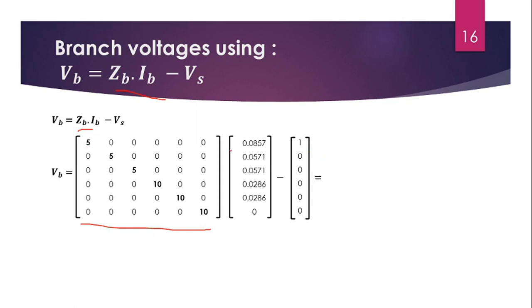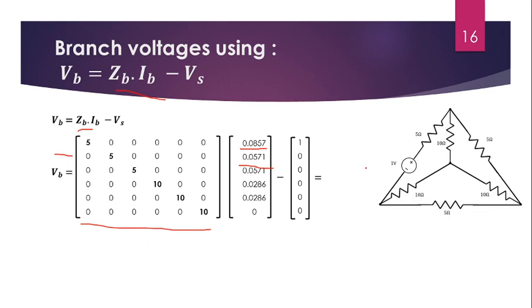Okay, so 5 into this one, all elements are 0, so we are getting this voltage, second row first column, second row this column. So we find that 5 into 0.057 minus 0, so we find the voltage across the first branch is nothing but, if you are taking this as positive polarity and this as negative polarity, this resistance voltage minus source voltage.